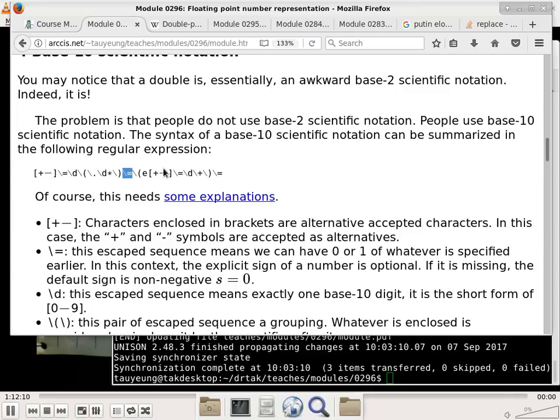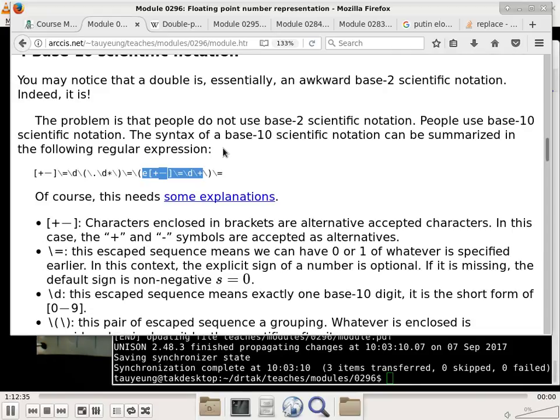And then you also look at the same pattern here. We have \(, \), and \=. So whatever I specify in here is also optional as well. In other words, you don't have to specify the exponent. If you don't specify the exponent, it is implied to be 0. What about the exponent itself?